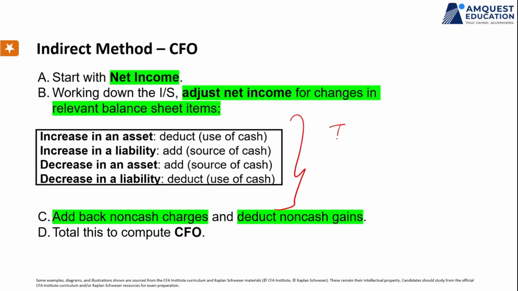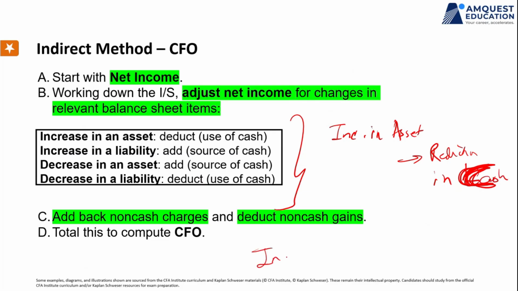The two rules are: increase in asset is a reduction in cash actually. An increase in liability is basically cash positive.